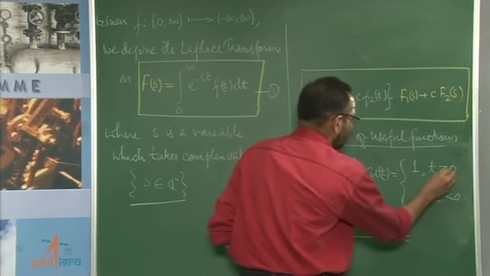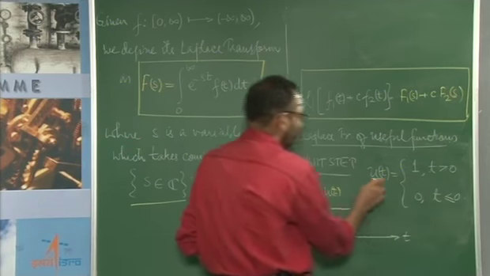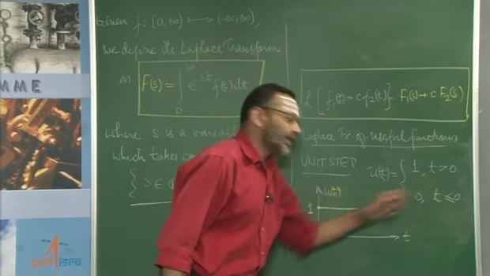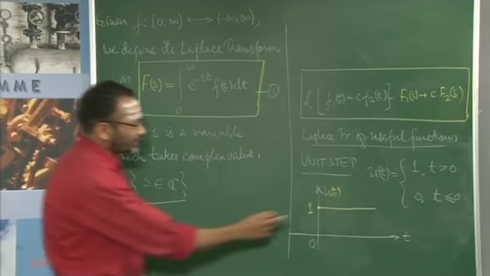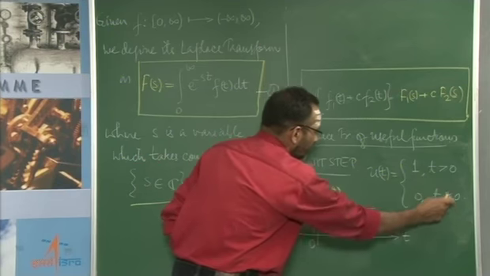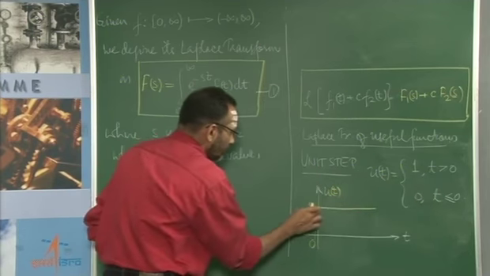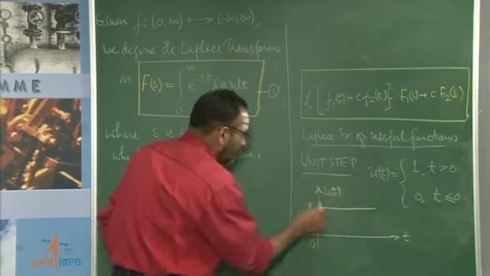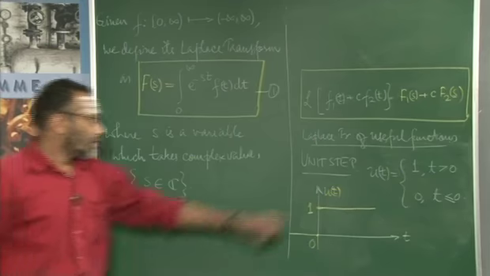That could be defining it like this. u of t is equal to 1 for t greater than 0 and it is equal to 0 for t less than or equal to 0, which means in this case the unit step function attains the value 0 for t equal to 0. Then we do not put the dot there, we are going to put the dot here. So, even graphically we are able to distinguish between one and the other.